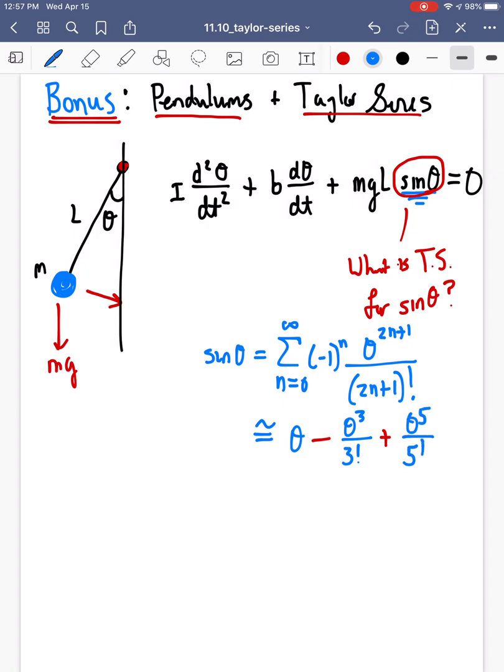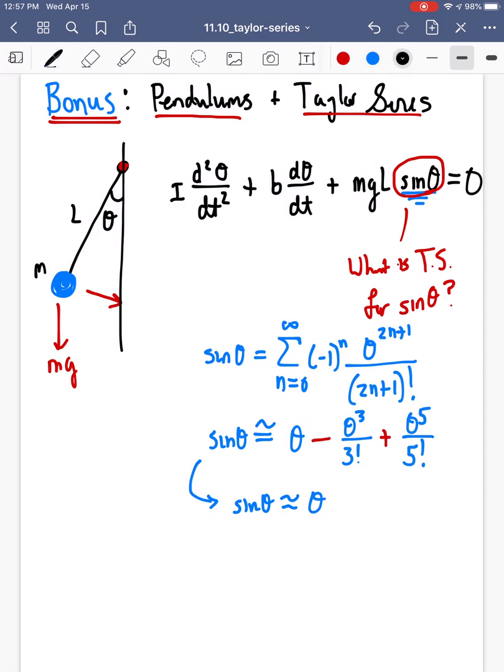since sine has all the odd terms. And the approximation that gets made is we don't even use that many terms. Typically, what gets done in a lot of courses is we only need the first term of the Taylor series, approximating sine just as its first term of theta.